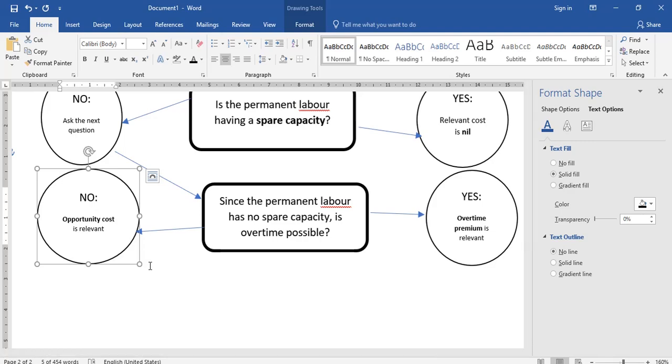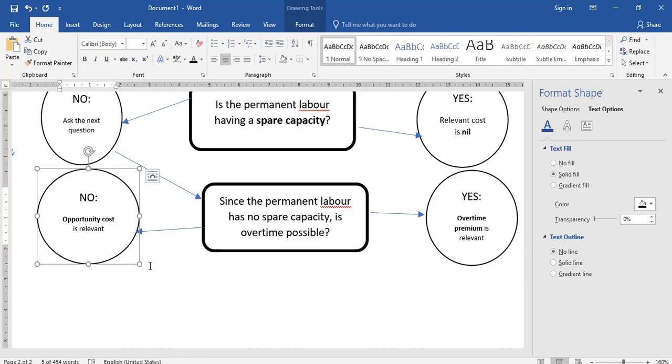For you to stop an existing job to do the project, whatever cost you are going to lose from stopping of that project, let's say the contribution that you are going to lose from that project, you are going to add it to the cost of the new project that you are having on hand. That is the opportunity cost.